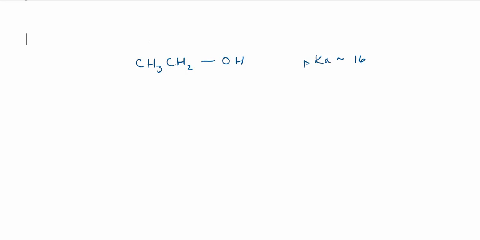As soon as we replace one of our atoms with a more electronegative atom, so let's say I have CF3CH2OH, then this pKa will decrease. And that is because of the inductive effect, the electronegativity effect of pulling the electrons towards the fluorine.